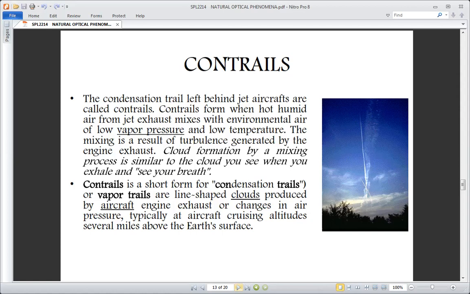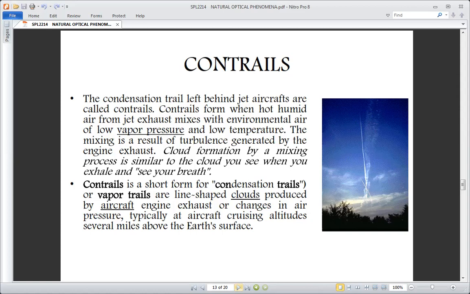That is what we call a contrail, because the exhaust gases coming from the aircraft come out very, very hot, and the surrounding environment at that altitude is usually very cold. Sometimes we're talking about something like negative 40 degrees Celsius, and the engine is injecting something like 90 degrees Celsius.